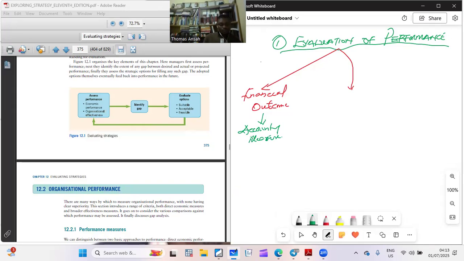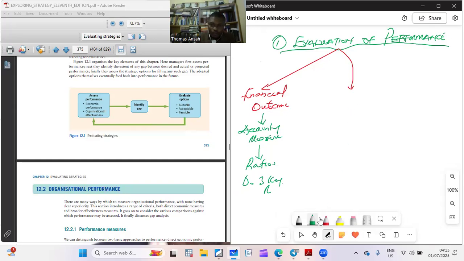So you use ratios. Or you do the three key R analysis, and I will show you how we go about that.